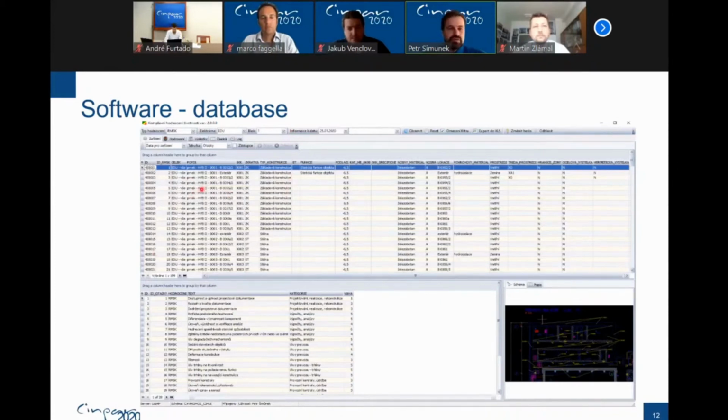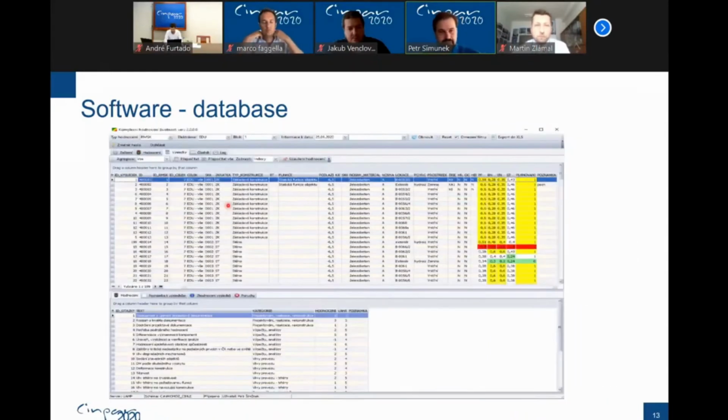I mean the name of the part, material, surface, environment, dimensions, and a lot of other information, also the schemes, and possibly verifications and so on. All of this information is in the database. The mathematical core is also inside, and based on the evaluation, management decisions can be made.